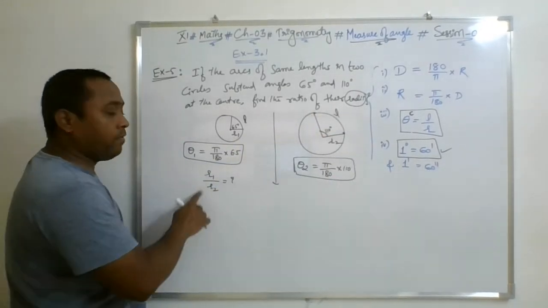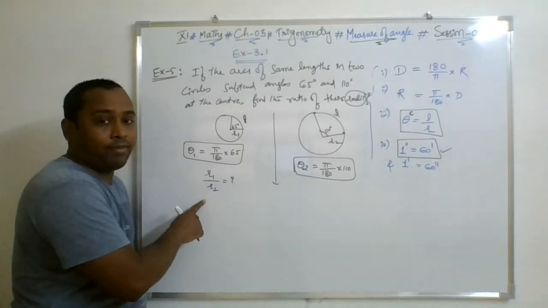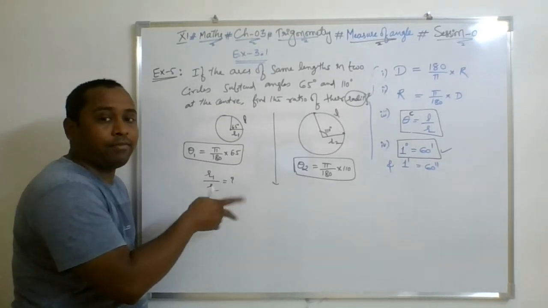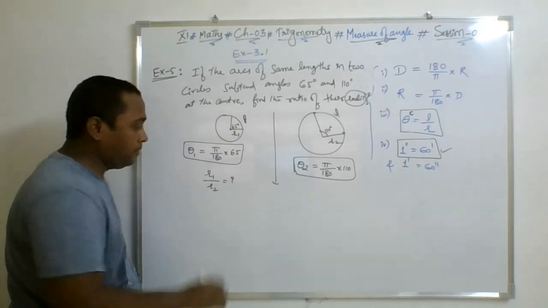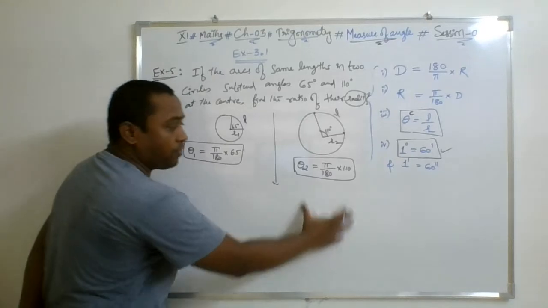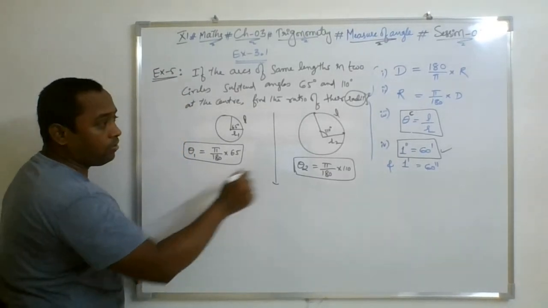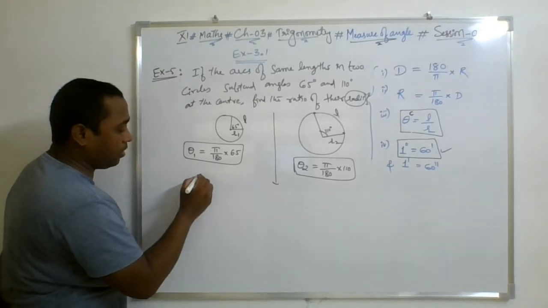So to get R1 by R2, first I will calculate R1, then I will calculate R2, then I will divide both the answers. So I am first calculating the radius of the first circle, then the radius of the second circle, and then I will divide both the answers.